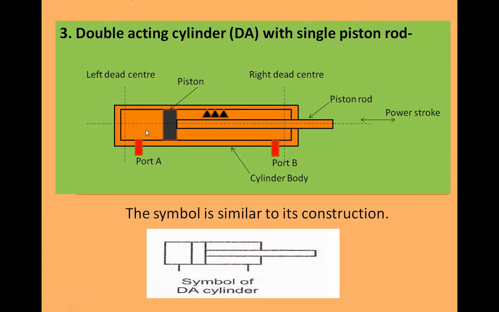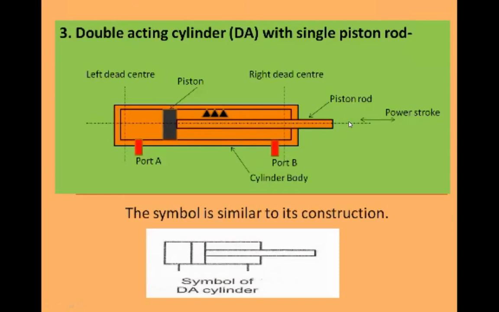When this pressurized fluid exerts the force on this surface, your piston will move in the forward direction. Getting it? In the linear direction, and the piston rod also moves in the forward direction.